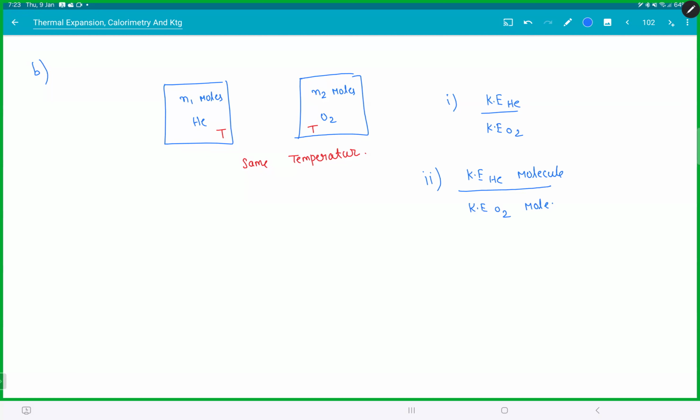They'll mention if it is a molecule. If they don't mention it, they're talking about the full gas. Then the translational kinetic energy of a helium molecule by the translational kinetic energy of an oxygen molecule. Now get them. In the previous question, the same heat was given. Here, the same temperature is given, so they can play around.